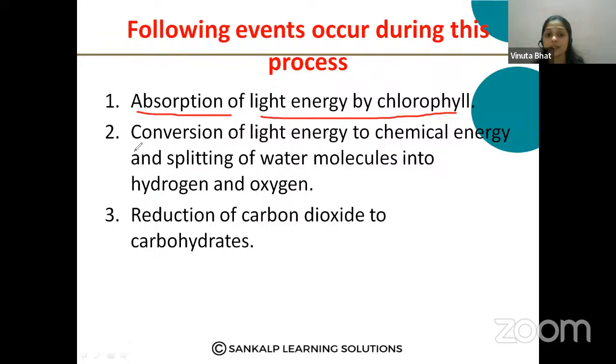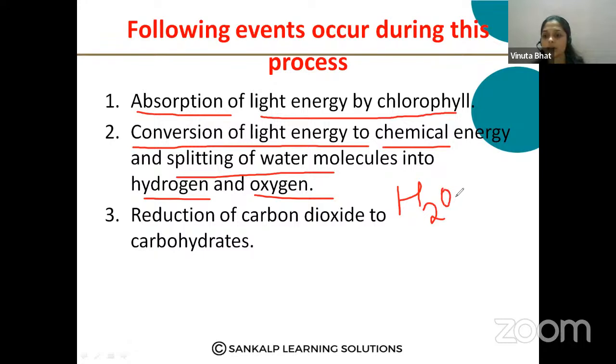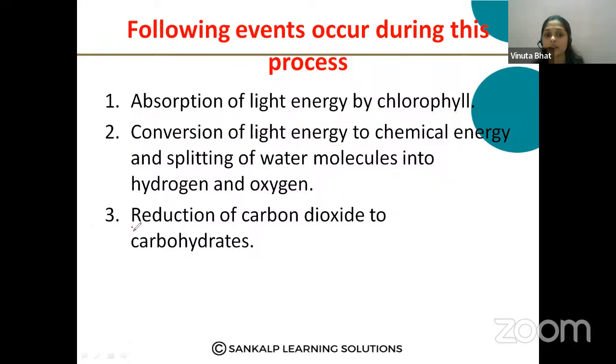The second step is conversion of light energy to chemical energy and splitting of water molecules into hydrogen and oxygen. The third step is reduction of carbon dioxide into carbohydrate. Carbohydrate is nothing but glucose, C6H12O6.